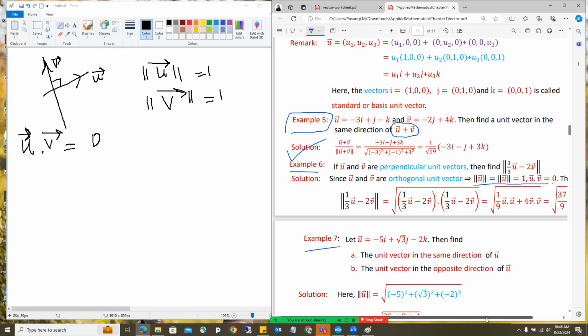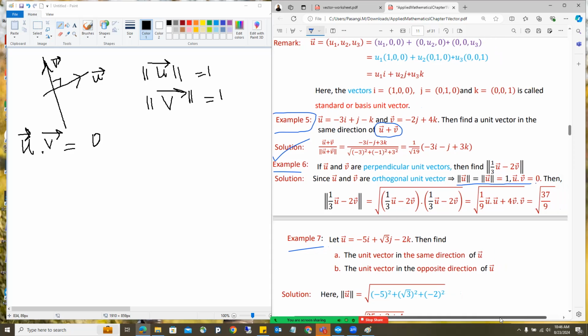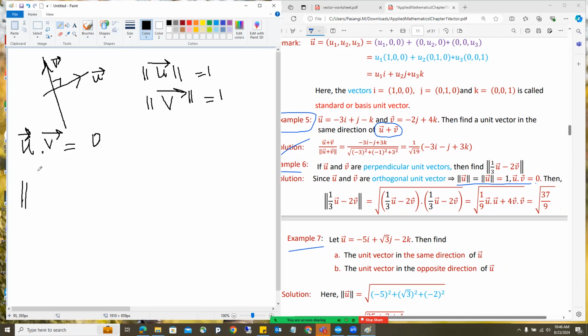Are you sure? And then we need to find out the resultant vector, 1 over 3 u minus 2v. So how are we going to do that?